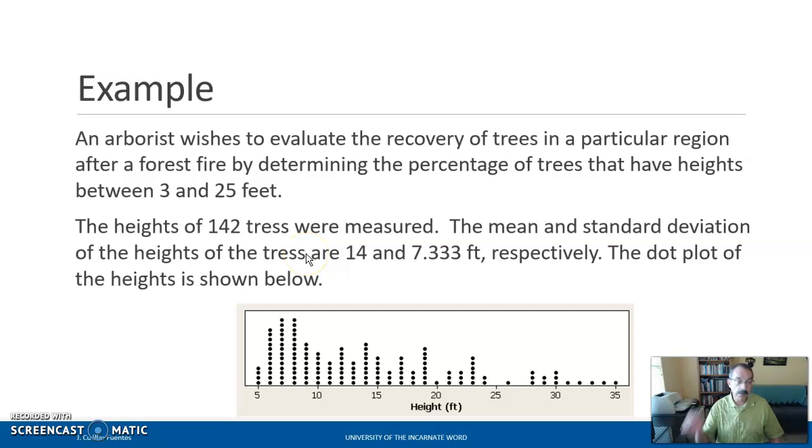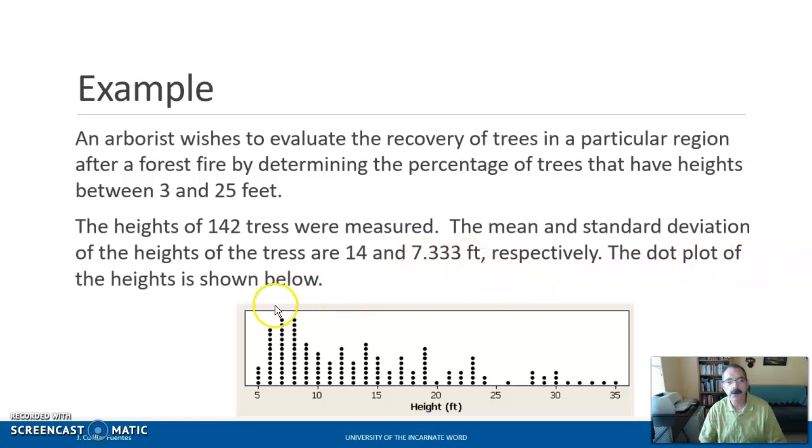In this case, an arborist wishes to evaluate the recovery of trees in a particular region after a forest fire by determining the percentage of trees that have heights between 3 and 25 feet. So the heights of 142 trees were measured. From those 142 measurements, it was found that the mean is 14 and the standard deviation is 7.33.